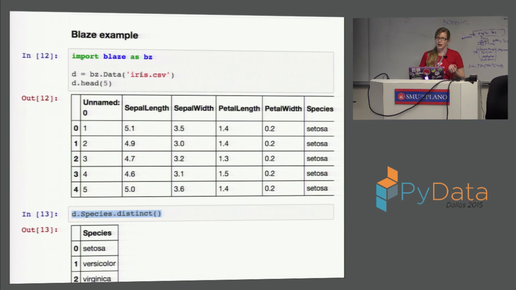That's a very powerful feature of Blaze: I don't have to change all my queries if I change a backend, which can sometimes be painful, right? If you used to have SQLite and then someone suddenly throws it to a Mongo database or Spark, whatever, and you want to reuse all the code you had, Blaze helps you with that.